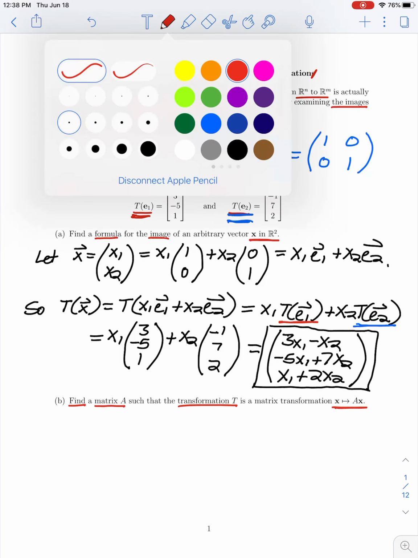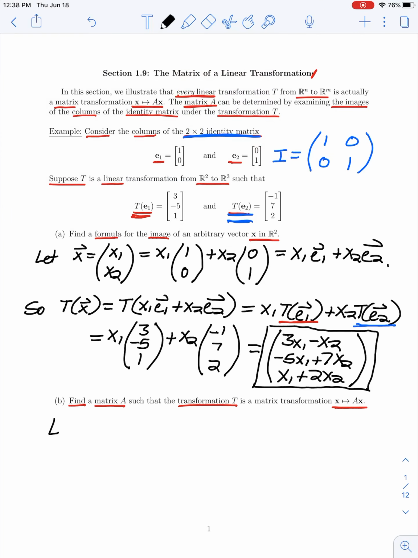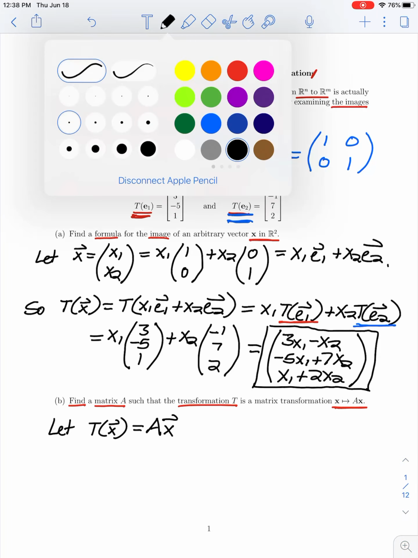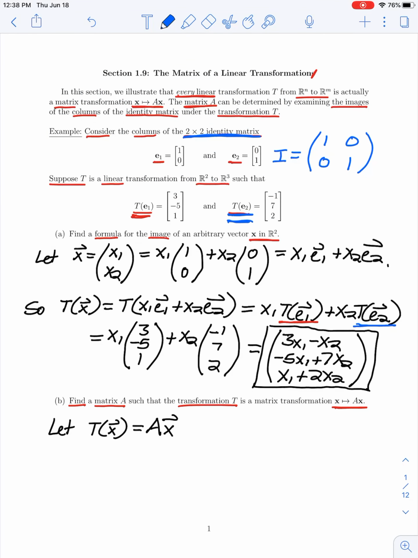So here, let's think about how to define our transformation T of x as a matrix transformation, something of the form A times x. Now in our previous part of this example, part A, we showed that T of x can be written as a linear combination of these two vectors.